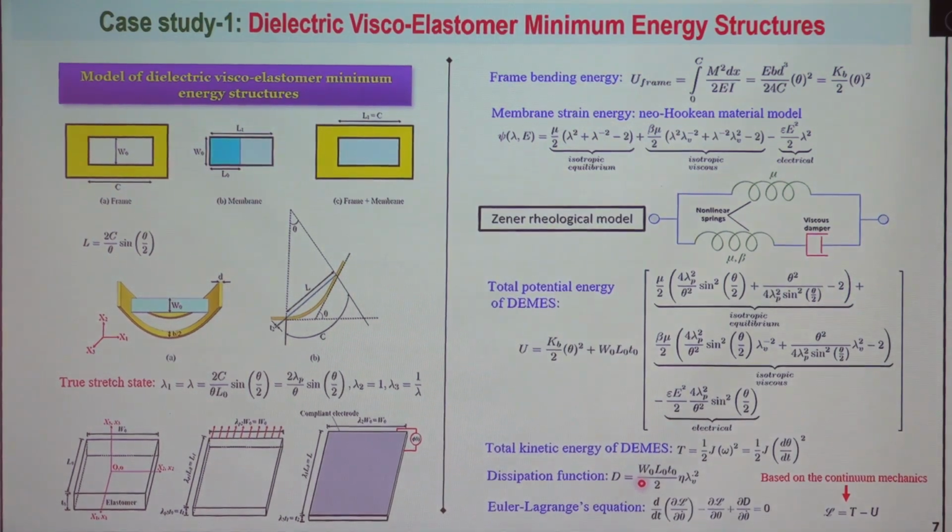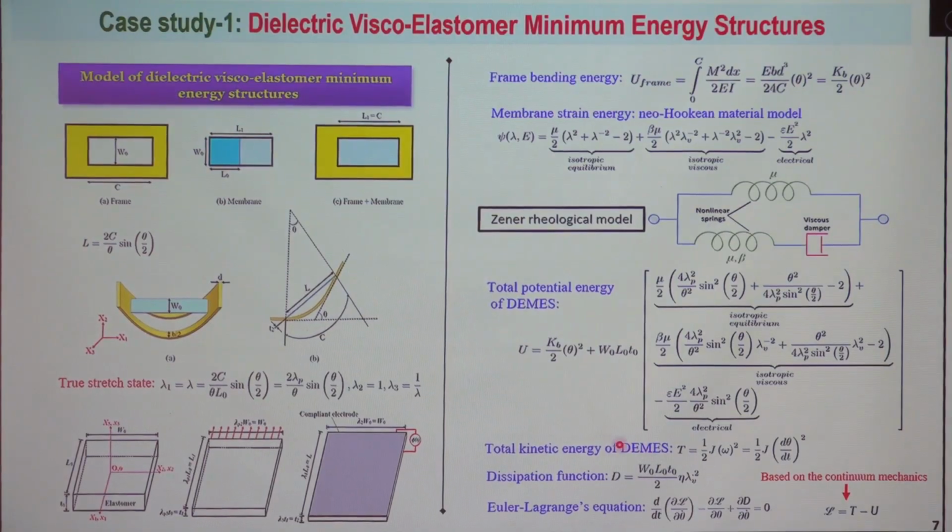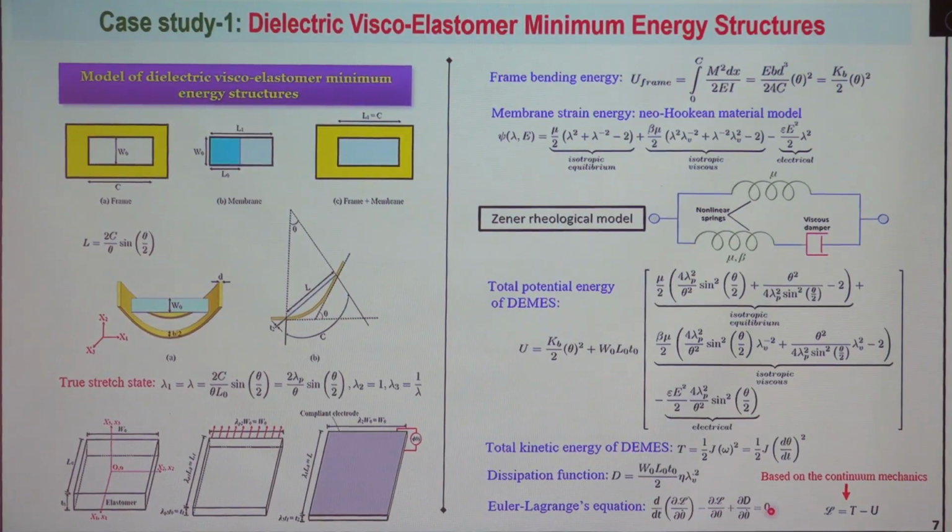So here, what is our variable? It is theta. So you write the Euler-Lagrange equation of motion in terms of theta. And what is L here? Can anybody tell what L is here? Lagrangian. L is a Lagrangian. It is the difference between kinetic energy and potential energy. So T is the kinetic energy, U is the potential energy of the DEMES.